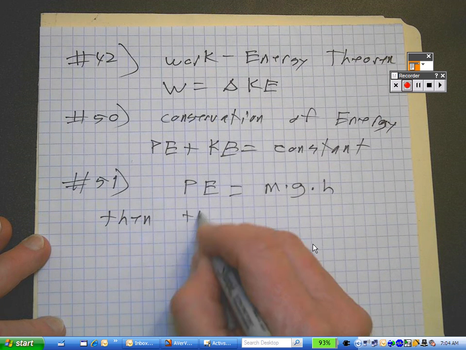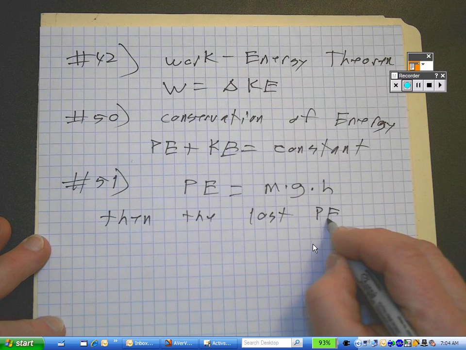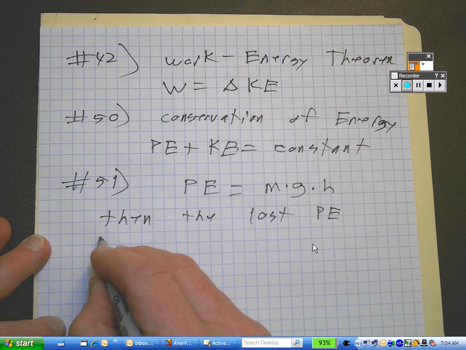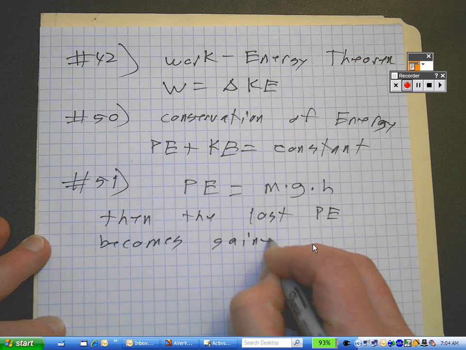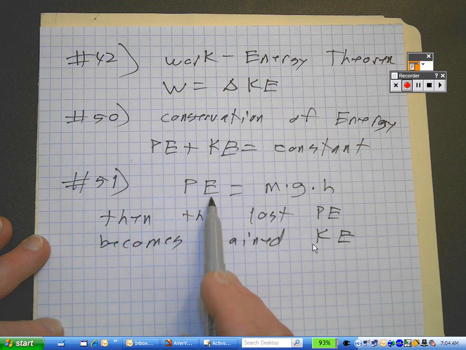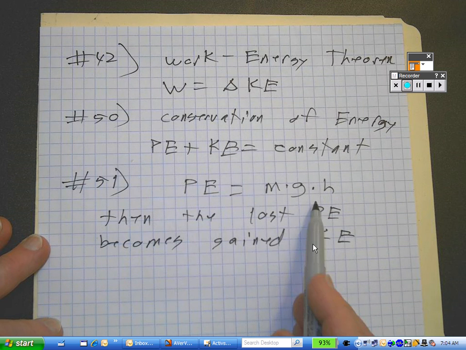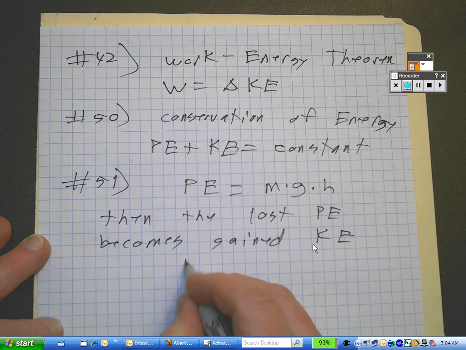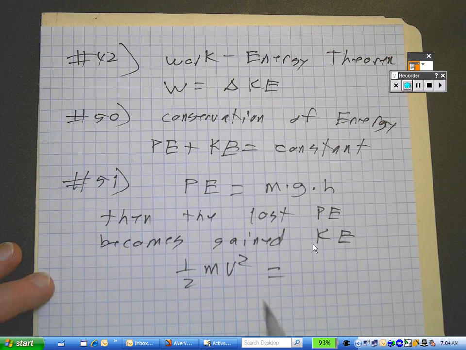Then the lost potential energy becomes gained kinetic energy. So if you lose potential energy and it becomes kinetic energy, let's say you lose 1,000 joules and it becomes 1,000 joules of kinetic energy. Well, if that 1,000 joules is equal to kinetic energy, then you could put this here and solve for v, enjoyable. That should help.